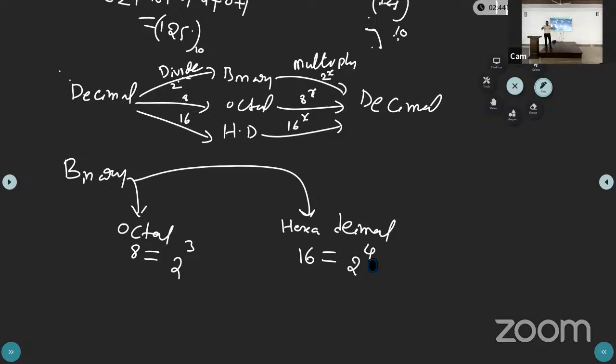What is the 2 in all number systems? 2 is the base of the binary number system. Okay, so now we are converting binary to octal, binary to hexadecimal. Now this base we are represented in terms of the 2 to the powers. This also in terms of 2 to the powers.